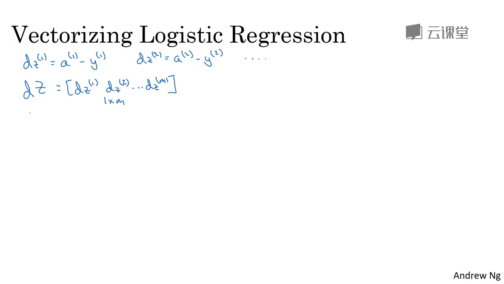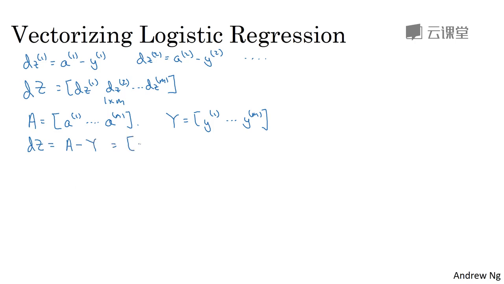Now recall that from the previous slide, we'd already figured out how to compute capital A, which was A1 through Am. And we had defined capital Y as Y1 through Ym, also stacked horizontally. So based on these definitions, maybe you can see for yourself that dZ can be computed as just A minus Y, because a1 minus y1 is going to be the first element, a2 minus y2 is going to be the second element, and so on.